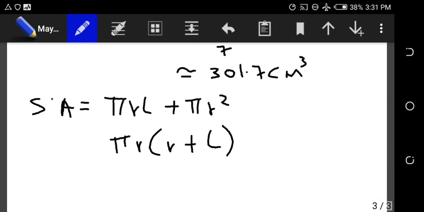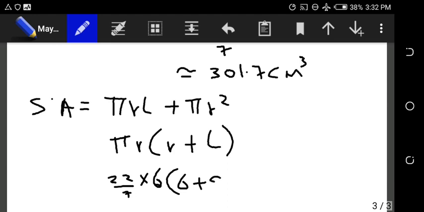So going ahead to substitute the values, our pi is 22/7 times the r, and the radius of the given cone is 6 cm. Opening our bracket, we have our r, which is 6, plus our l.